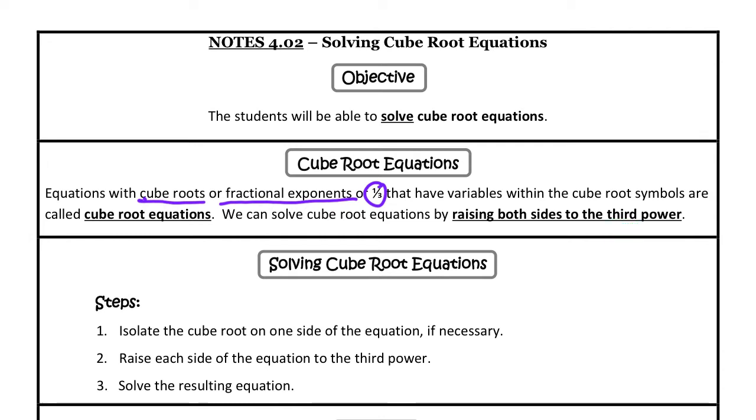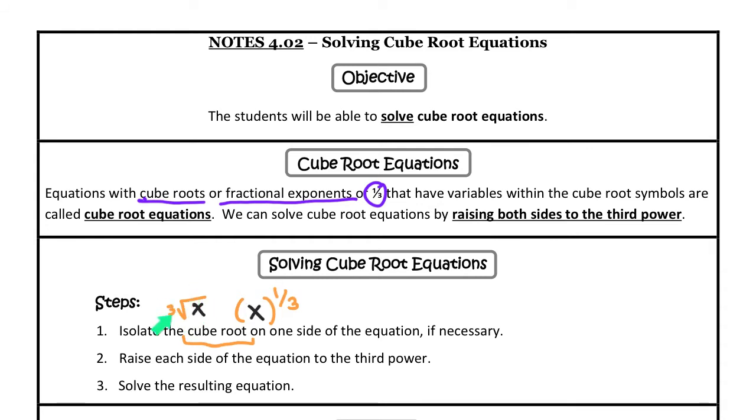Another change happens in the steps. If I look at the steps, I need to isolate the cube root term. That could be the term that has the cube root, which is the 3 in front with an x, or it can be something that's raised to the power of 1/3.